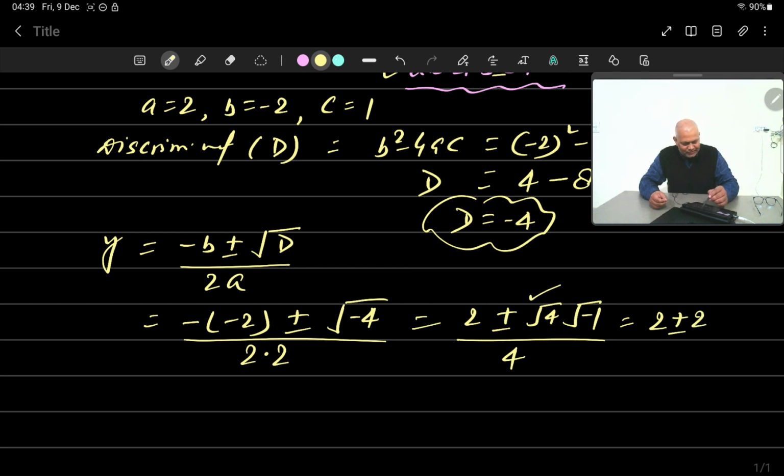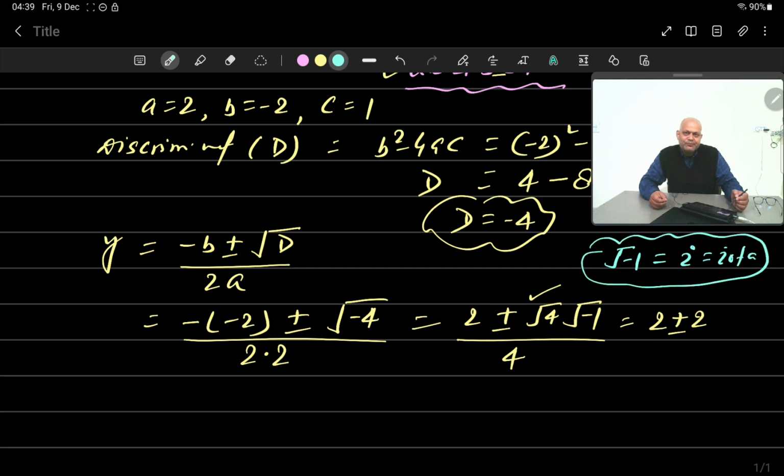So you can write here 2 plus minus, the square root of 4 is nothing but 2, and the root of minus 1 is a very interesting point here. In place of root over minus 1 you can write i. This means iota. It's a complex number, you know. So my dear friends, you can write here 2 plus minus 2 times iota divided by 4.